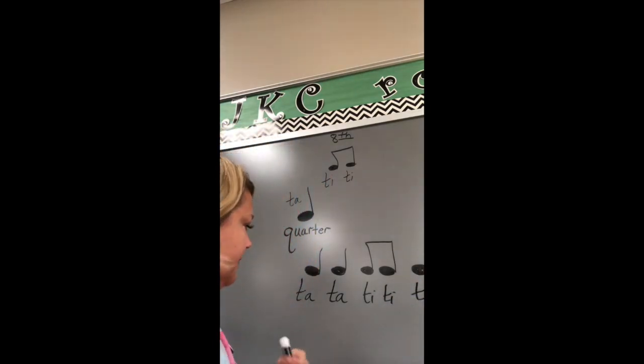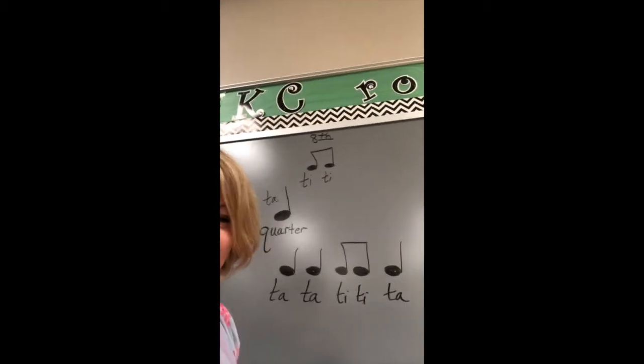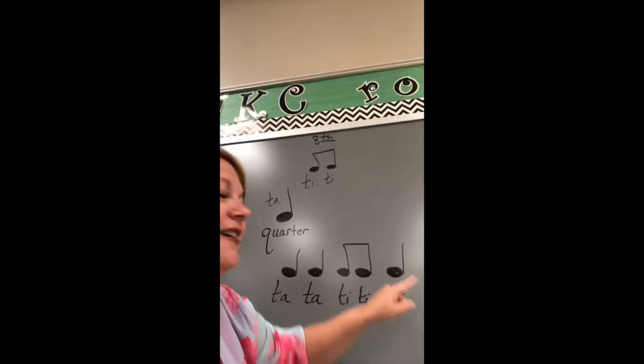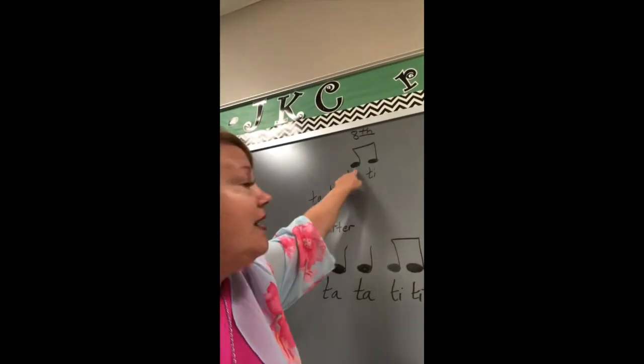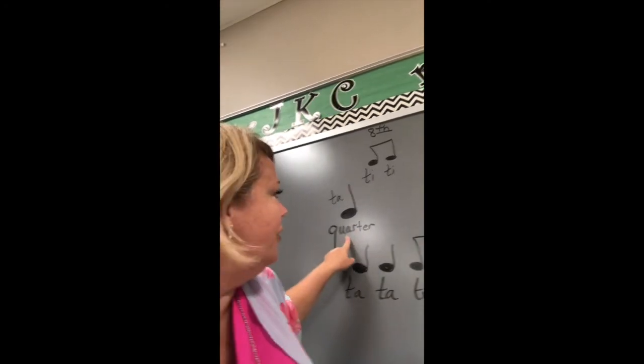So it would sound like this. Ta, ta, ti, ti, ta. Let's try it together. Ta, ta, ti, ti, ta. Very good. So each time you see two eighth notes counted together, it's the ti, ti. And then the quarter note all by itself is a ta.